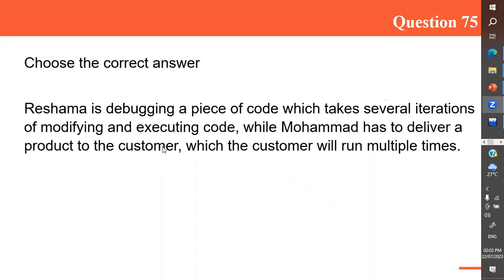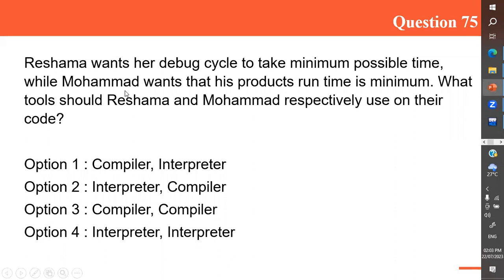Okay. Reshma, just see that. Reshma wants her debug cycle to take the minimum possible time, while Mohammed wants his product runtime to be minimum. So what tool should Reshma use and what tool should Mohammed use, respectively?